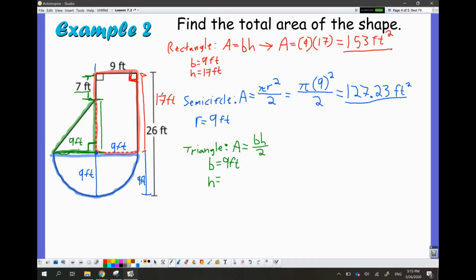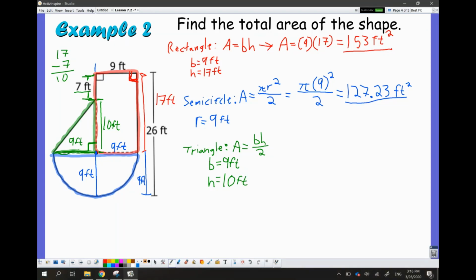So 17 minus 7, I'm going to write that over here. 17 minus 7 is 10. So the height of my triangle is 10 feet. So for height, I'm going to put 10 feet.